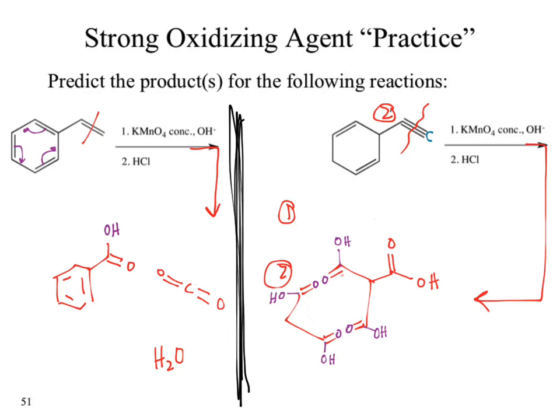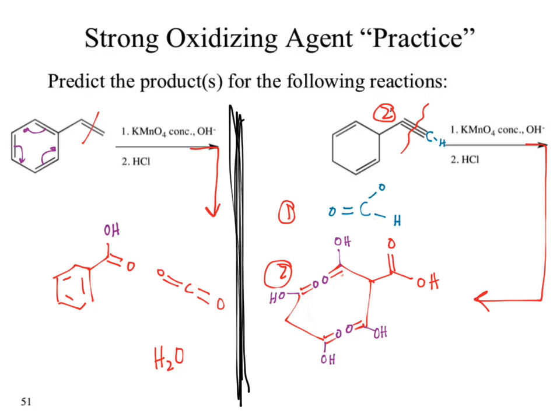How many bonds are shown to that carbon right now? 3, which means there's an implied hydrogen. When I do the oxidative cleavage, each one of the bonds in that triple bond needs to be replaced with an oxygen bond. So there's 1, there's 2, and 3 technically because of that pi bond, and then I have the H.